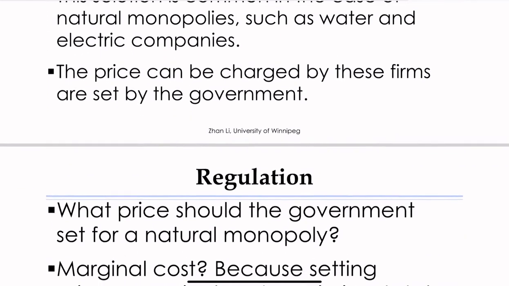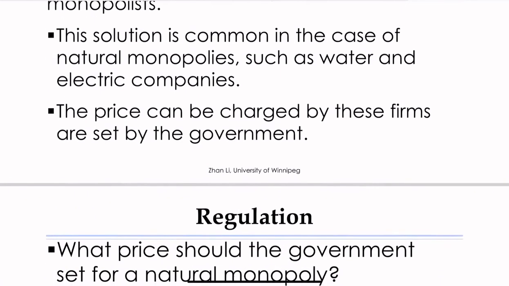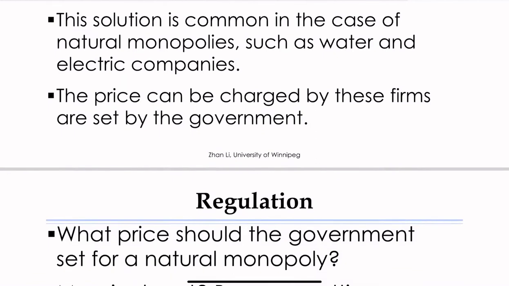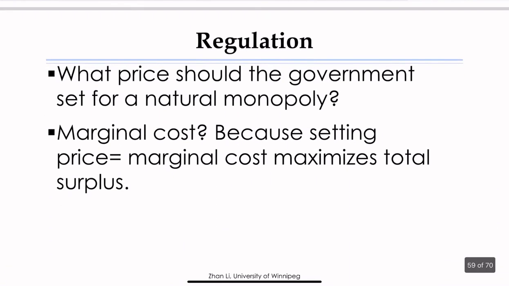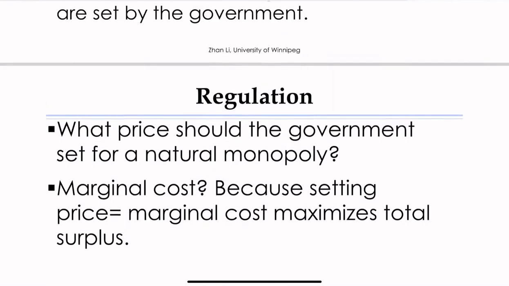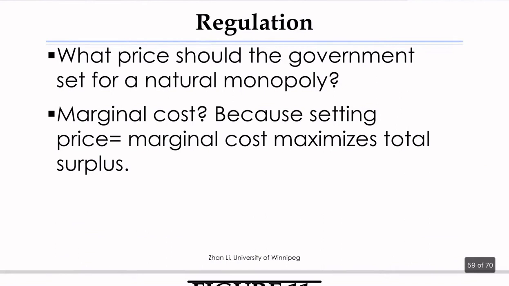If the government regulates these firms, then the price that can be charged by these natural monopolies is actually set by the government. Now, an important question arises, right? If the government wants to set the price, let's say for water, what price should the government set?